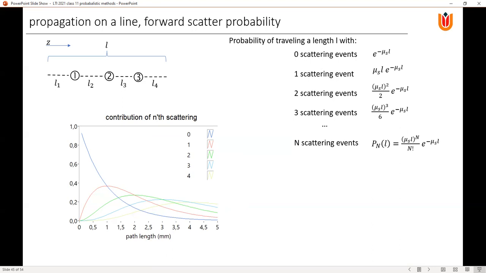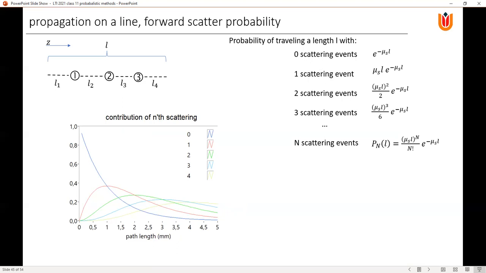So what you see here now, for example, is that if you have a way of only measuring photons that have traveled half a millimeter, so that would be this case, then your signal would be dominated by photons that have not scattered, or maybe scattered once. All the other photons are not really contributing.